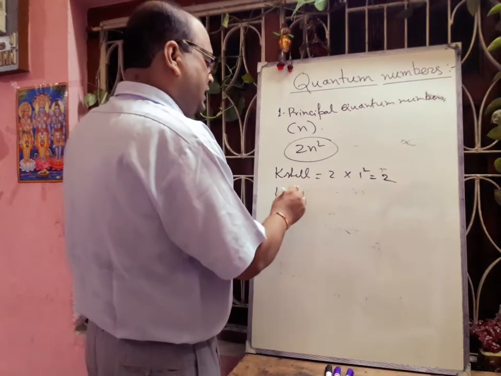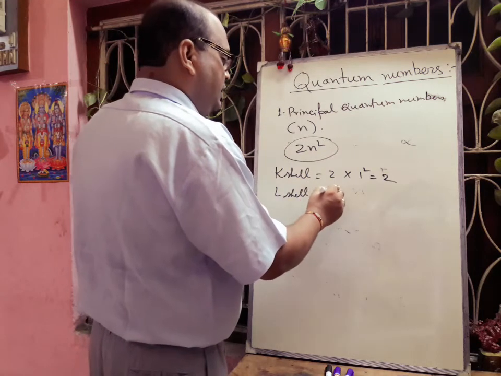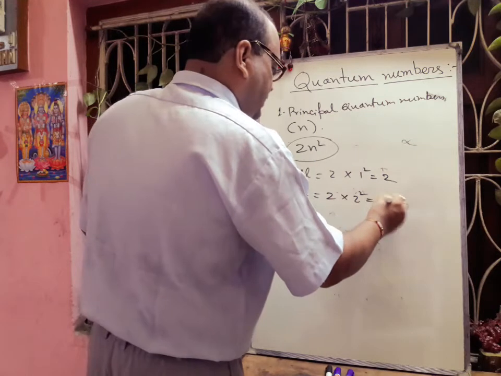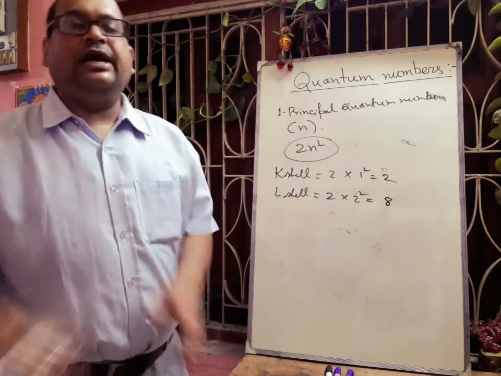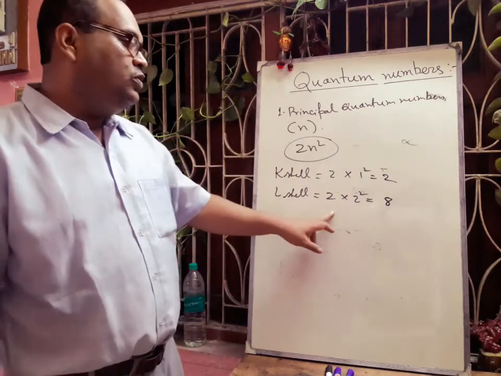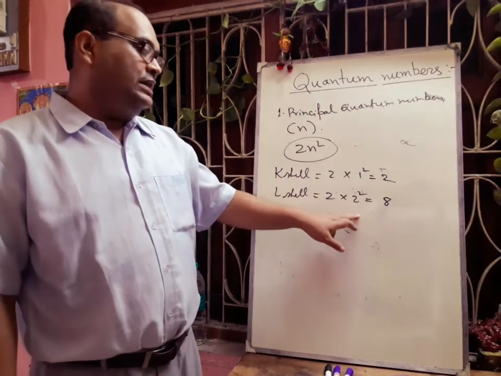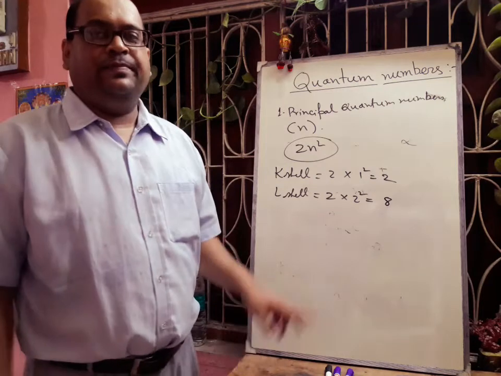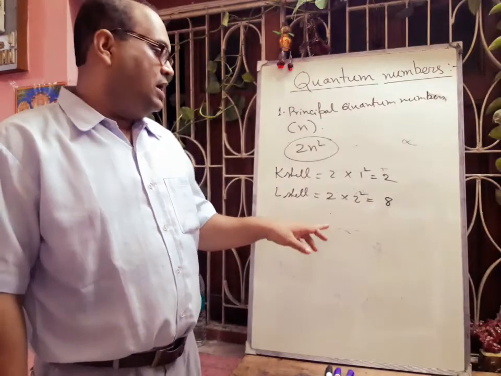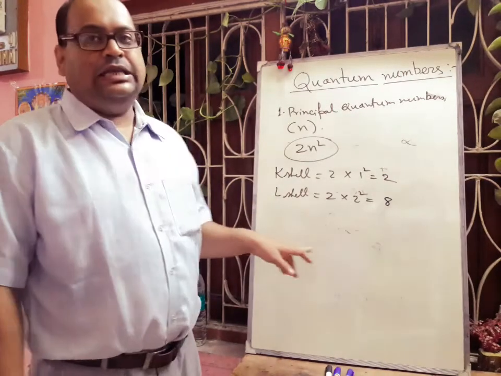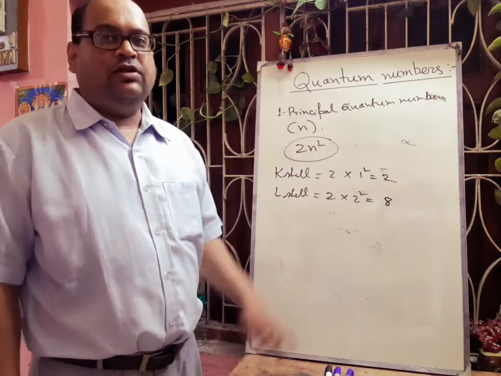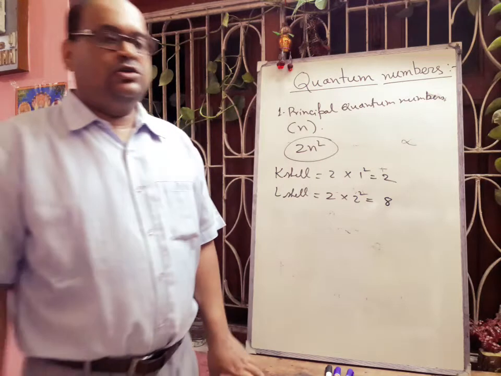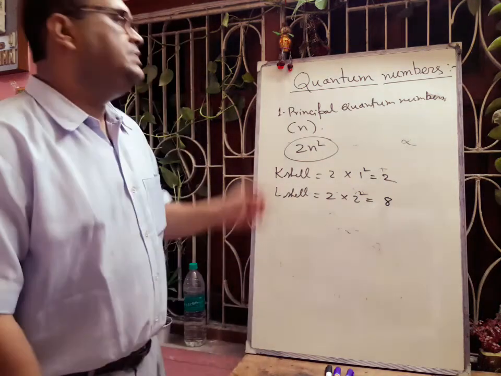In the case of the L shell, that will be 2 into 2 square, that is 8. For the M shell, that will be 2 into 3 square, that is 18. In the case of the N shell, where n is equal to 4, that will be 2 into 4 square, that is equal to 32. So this is all about the principal quantum number.